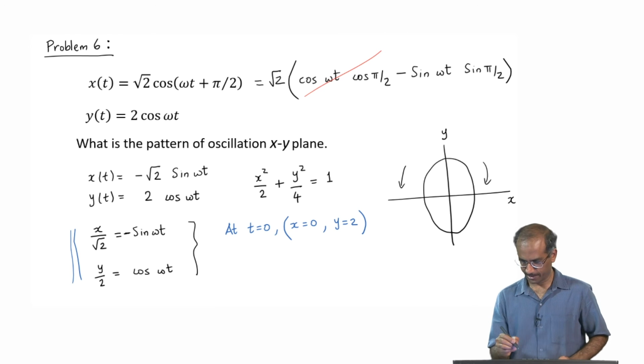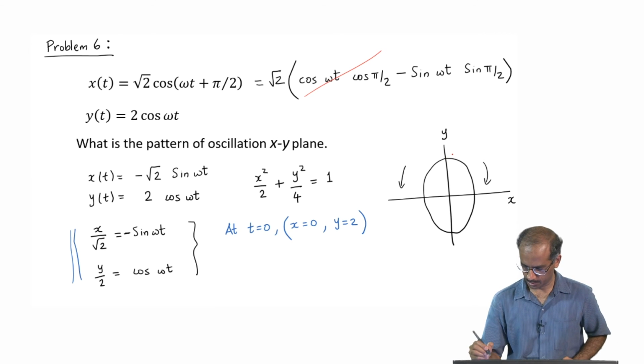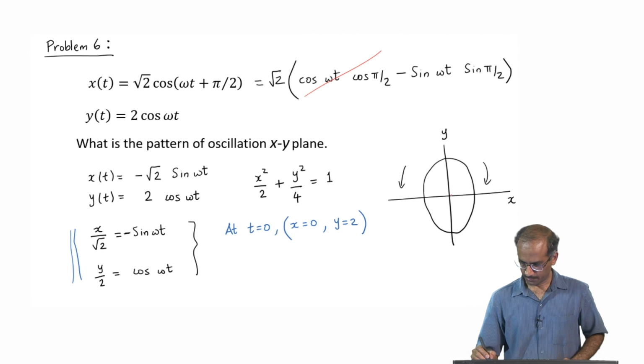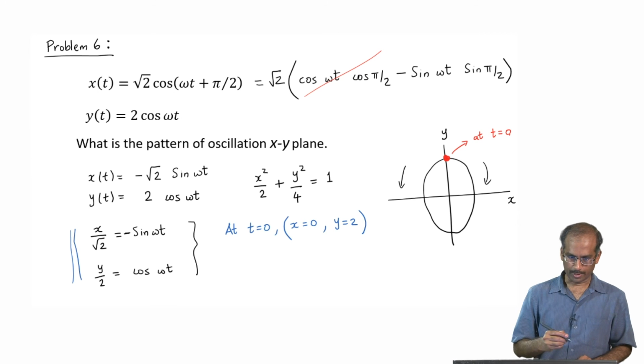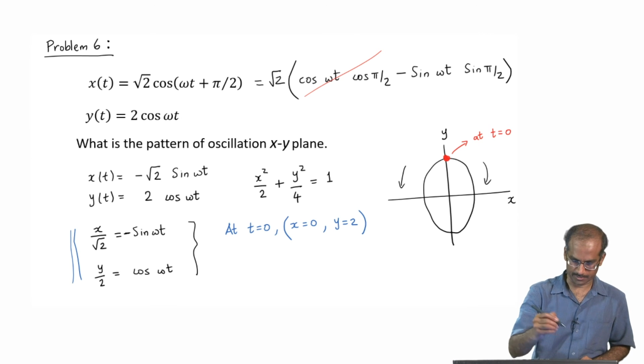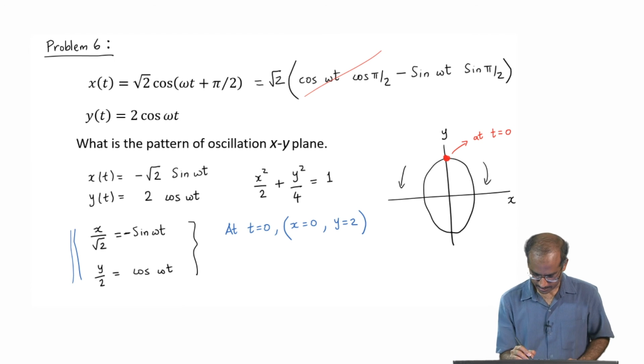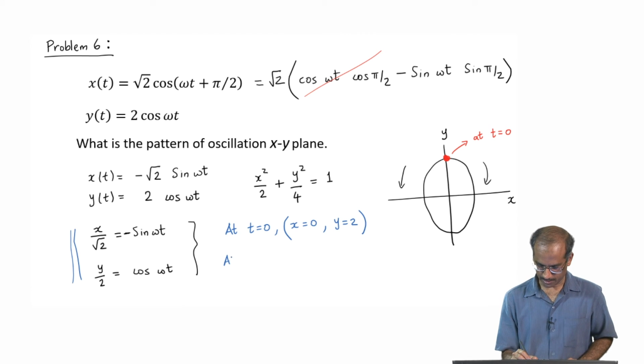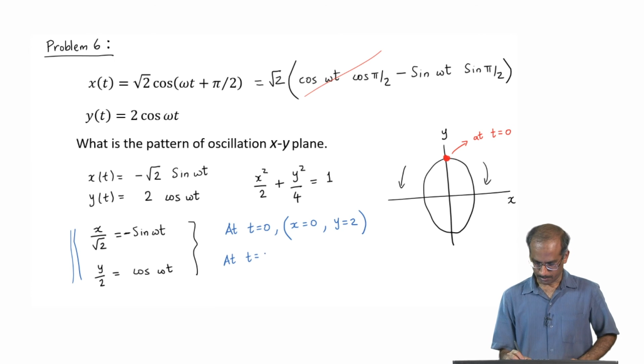So, I have identified one position at t equal to 0, and I can put that: x equal to 0, y equal to 2 will be this point. Now, I need one more point as well. Let me ask the question, where is the particle at t equal to pi by 2 omega.